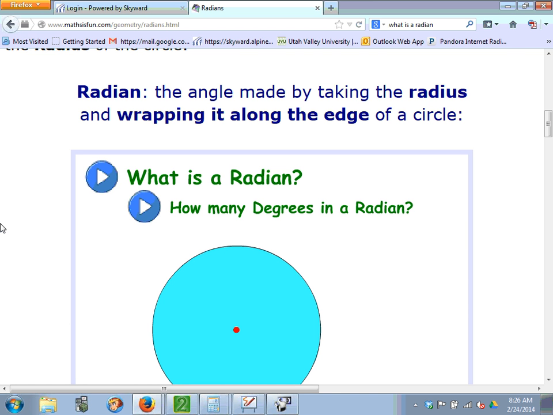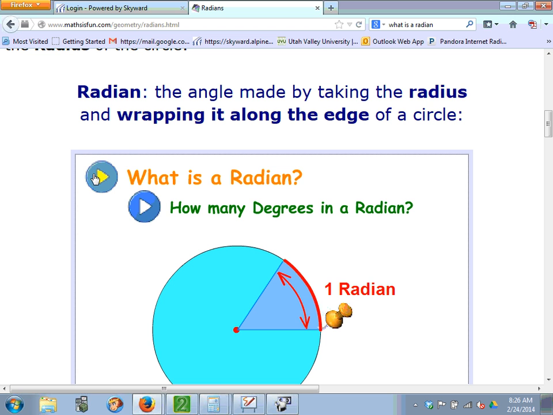You guys watching this? If I took this length of the radius and wrapped it around the edge of the circle, that's equal to 1 radian. Check it out. They take the radius, wrap it around the edge of the circle. That angle that's formed is 1 radian. Okay. That's why it's called a radius, or radian from the radius.